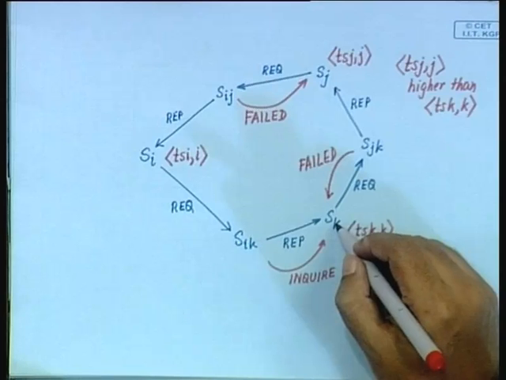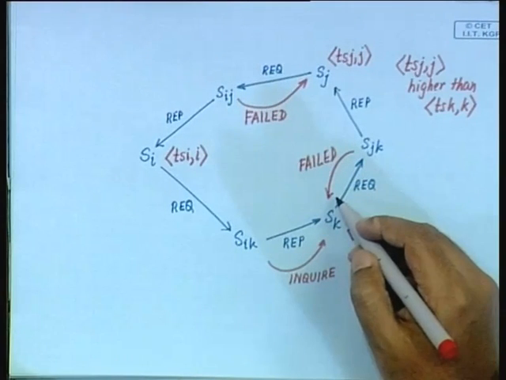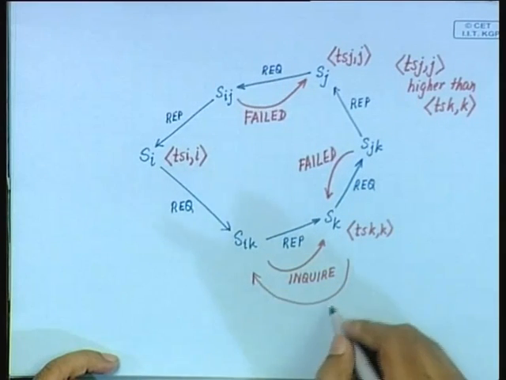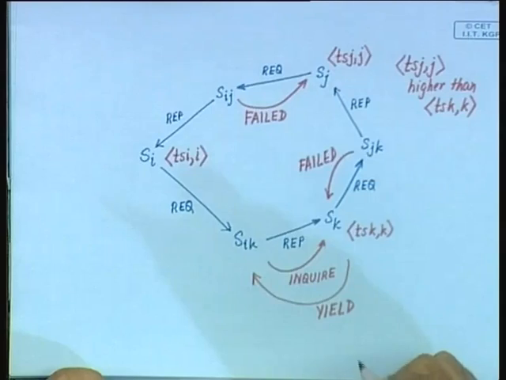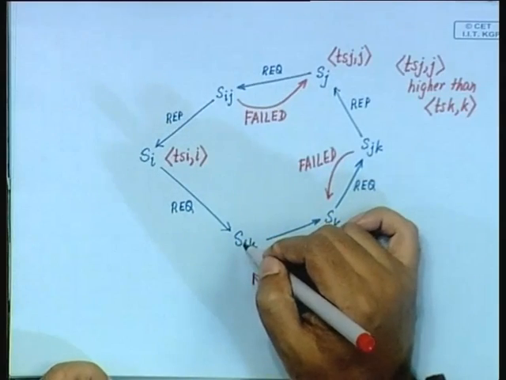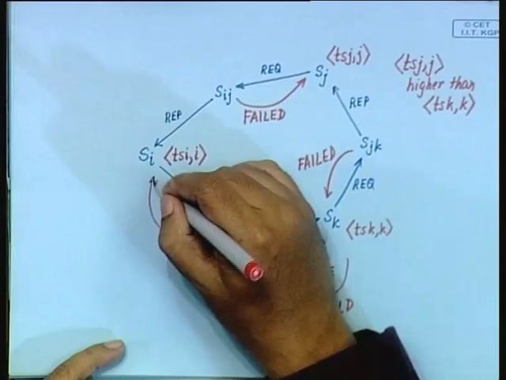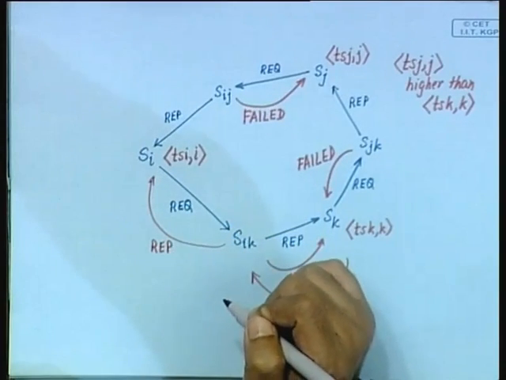Now, what will then SK do? It has got an inquire message, but it has got a failed message. So it will yield. What will SIK do? It will enqueue this request and send a reply to SI.